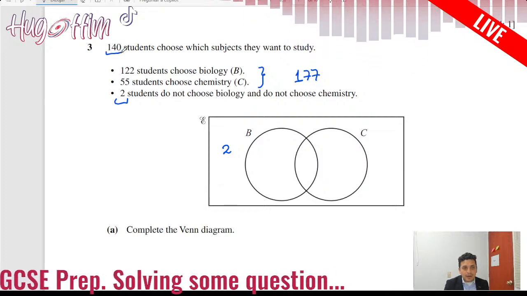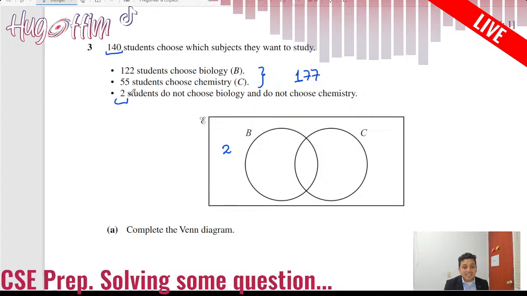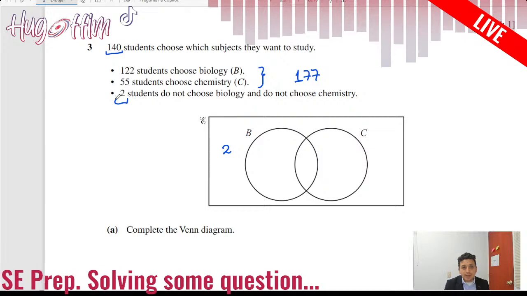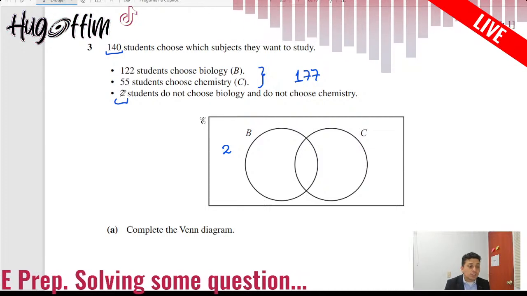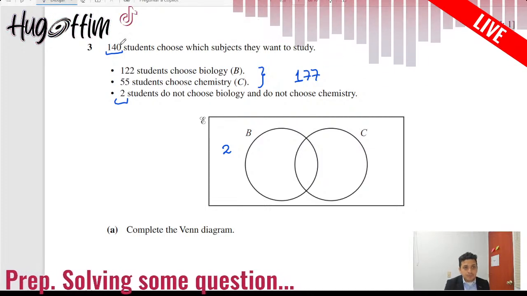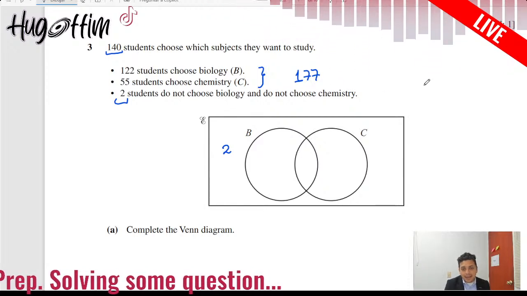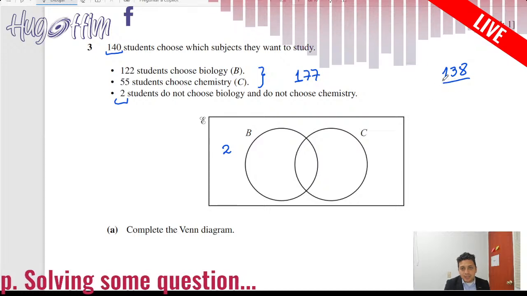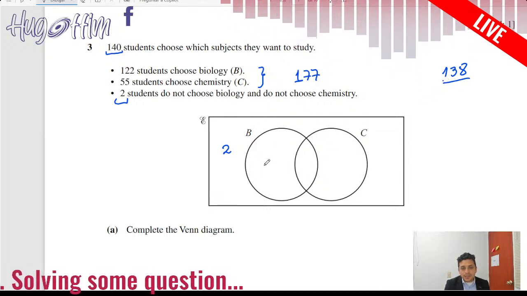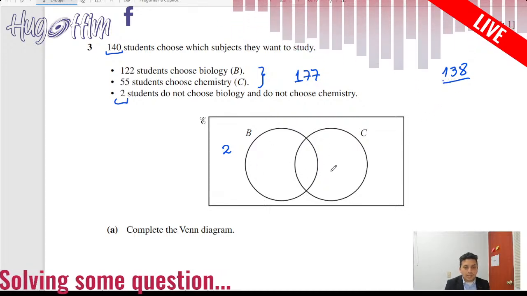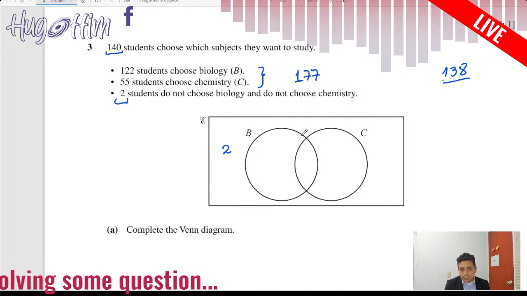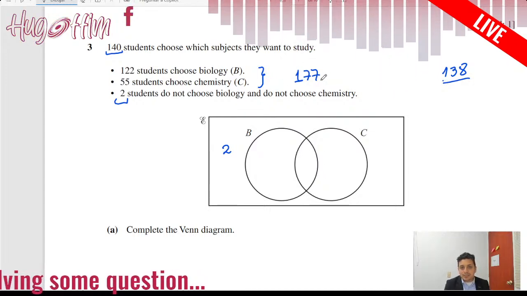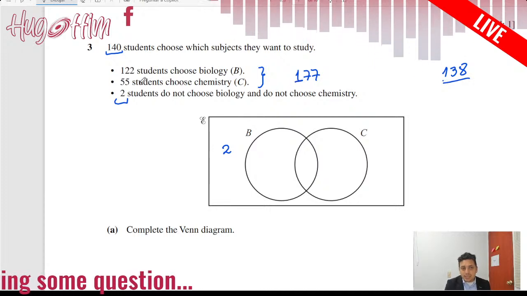However, we have 140 students, and as I know that 2 students do not choose biology nor chemistry, I know that I have in all 138 students. So 138 students should be here in this region of biology and chemistry and the intersection, but I have 177 students if I add both.